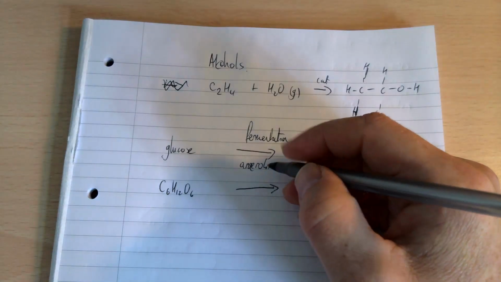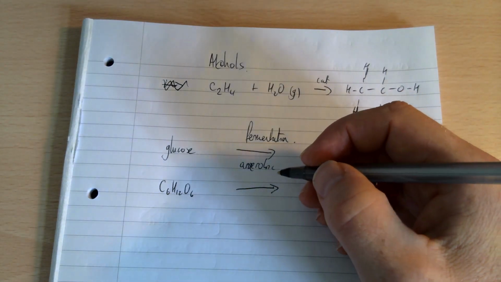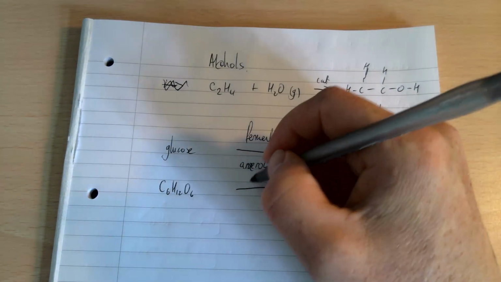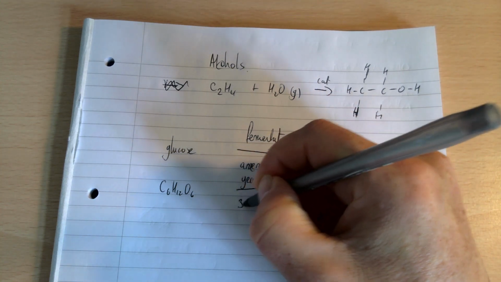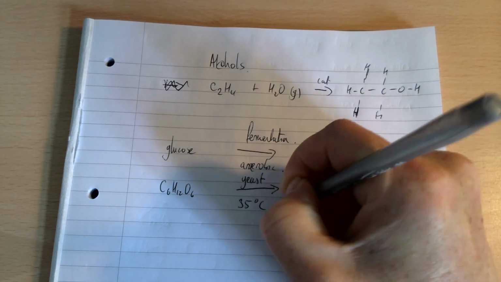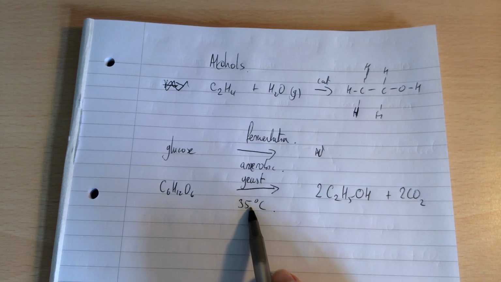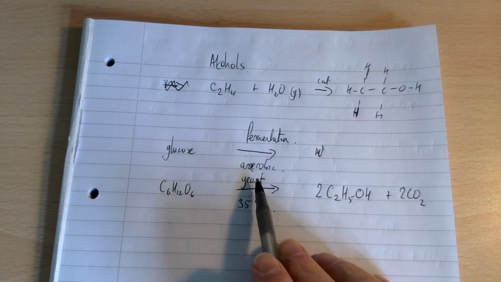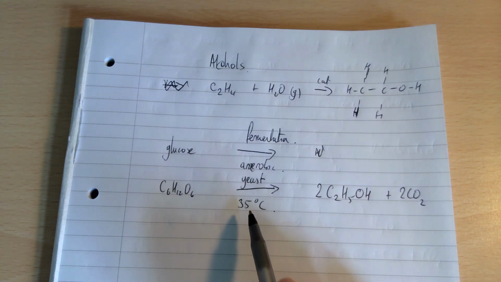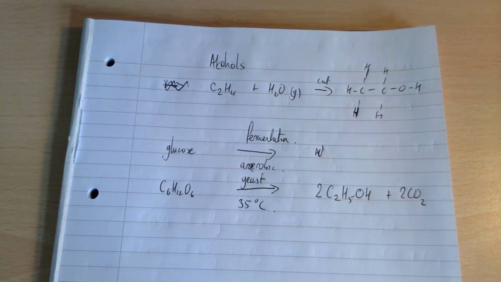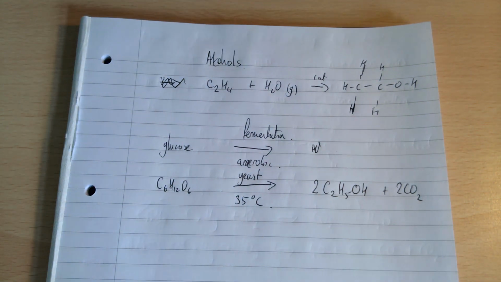Fermentation is a biological process done with an enzyme, and that enzyme is within the yeast, and therefore the reaction has to be kept at a temperature of about 35 degrees C. Too high and the enzyme in the yeast will denature, the reaction doesn't proceed, and too low, the reaction is simply too slow. So you want the fastest rate of reaction at the highest temperature without denaturing the yeast.